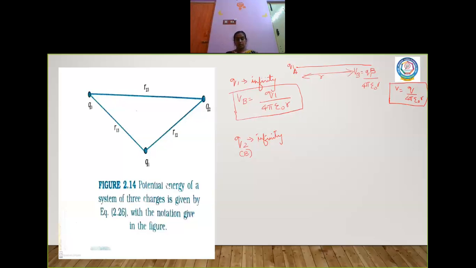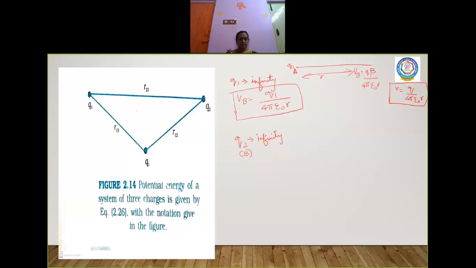But now what am I going to do? I'm going to bring another charge Q2, also from infinity, to the point B. At point B, there is already a potential due to Q1.